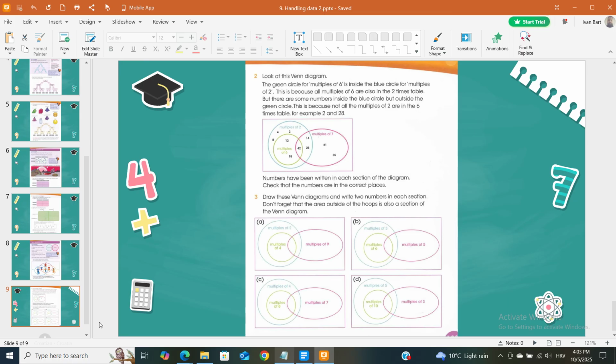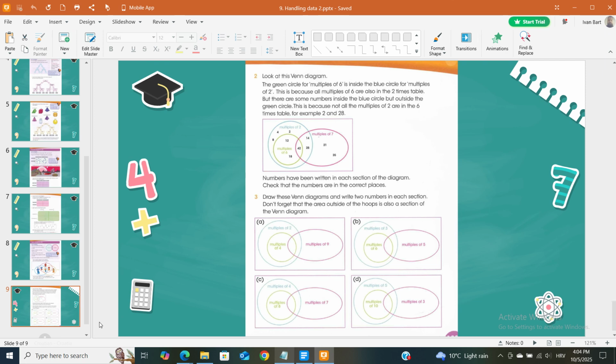The green circle for multiples of 6 is inside the blue circle for multiples of 2. This is because all multiples of 6 are also in the 2 times table. But there are some numbers inside the blue circle but outside the green circle. This is because not all the multiples of 2 are in the 6 times table, for example 2 and 28.